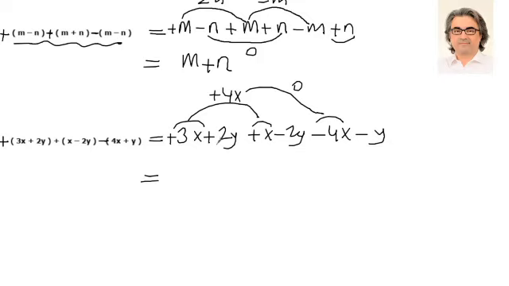So let's continue with the other like terms. Plus 2y minus 2y minus y. Plus 2y minus 2y is 0. 0 minus y is minus y. The remaining here is only the minus y finally. So I simplified this algebraic expression to minus y.